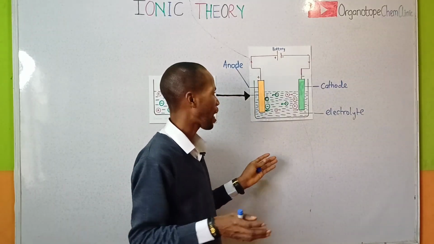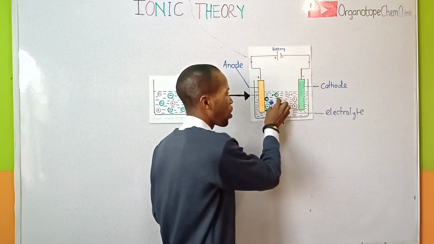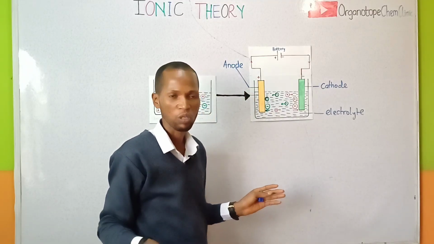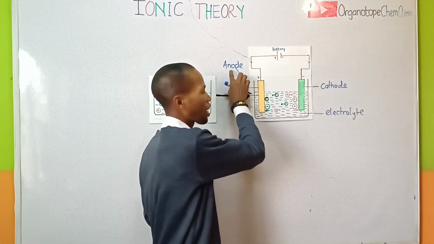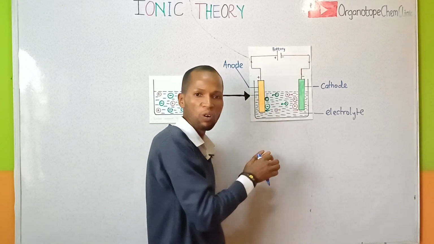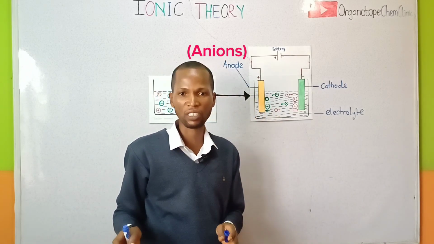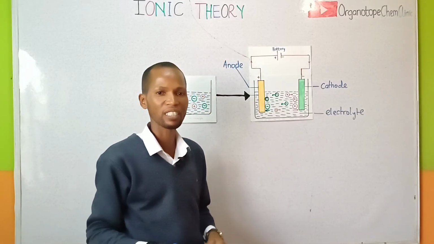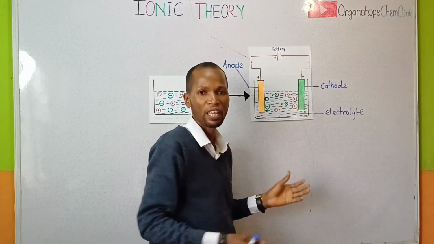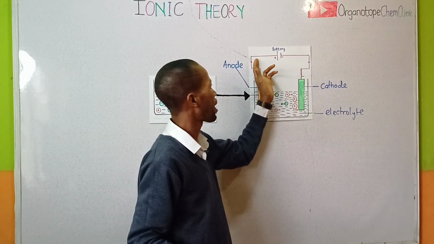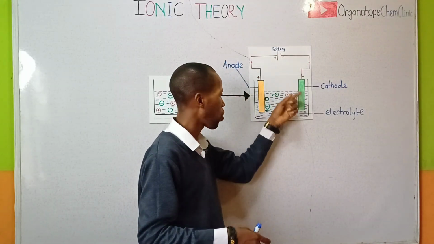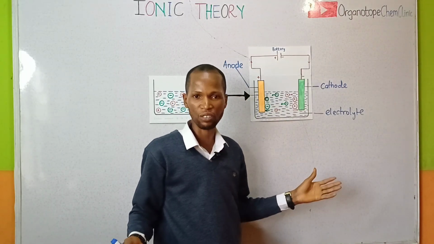Also, it can be observed that the negatively charged ion migrates to the positive electrode, which is called the anode. Okay, now the ions that migrate to the anode are called anions, the negatively charged ion, that is the anode ions. Therefore, the current through the electrolyte is carried by movement of ions to the electrode and not by flow of electrons in the electrolyte.